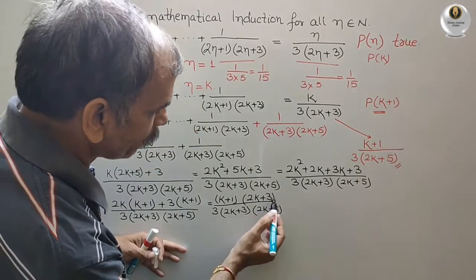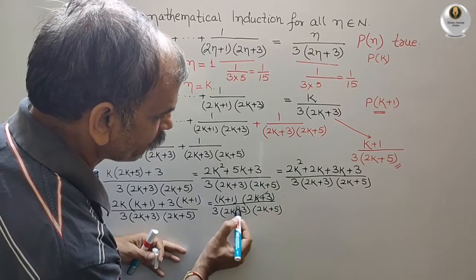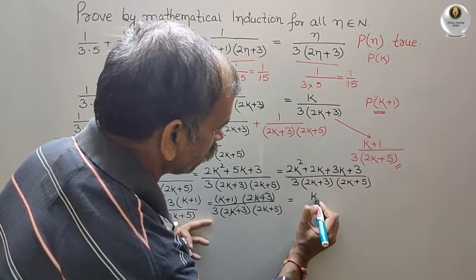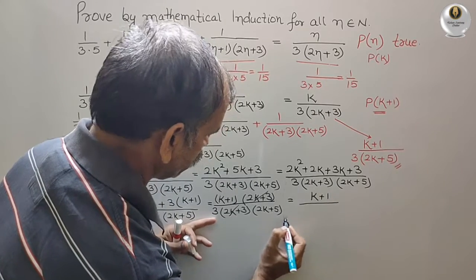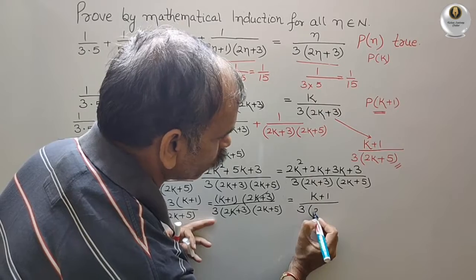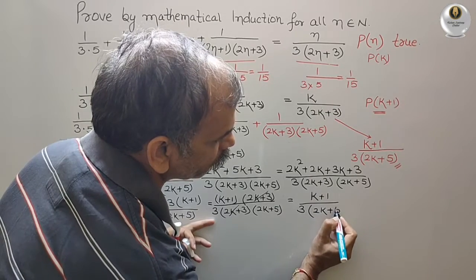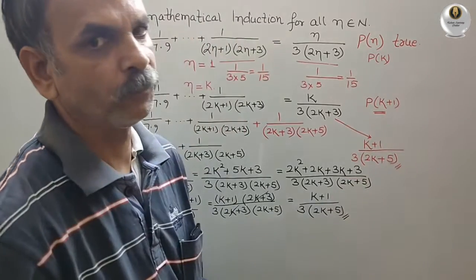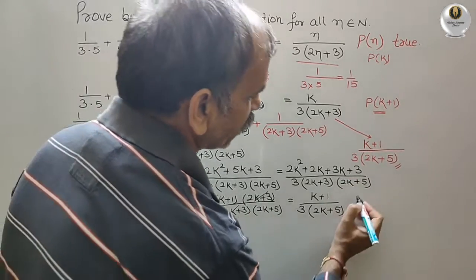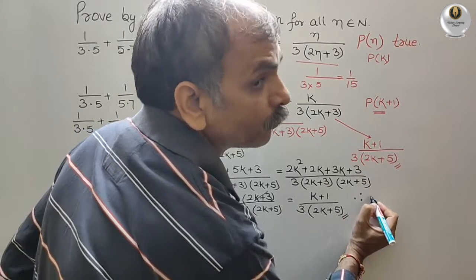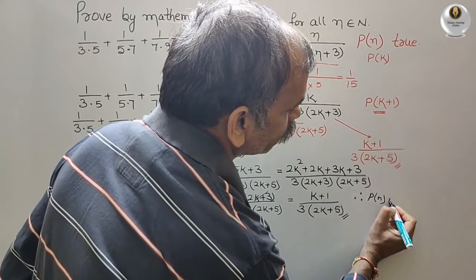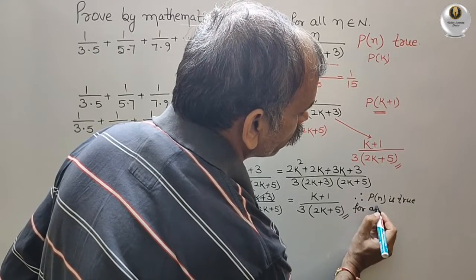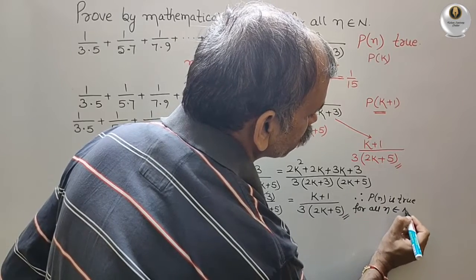Now you see 2k plus 3 is gone. Therefore you will get (k plus 1) by 3 into (2k plus 5). Now you can see this is your LHS, RHS is also the same. Therefore we can say that Pn is true for all n belonging to the natural numbers.